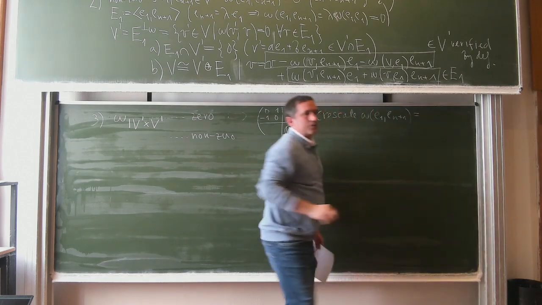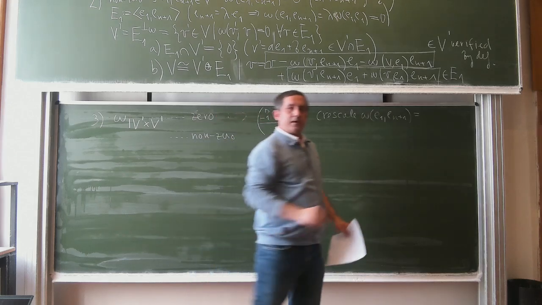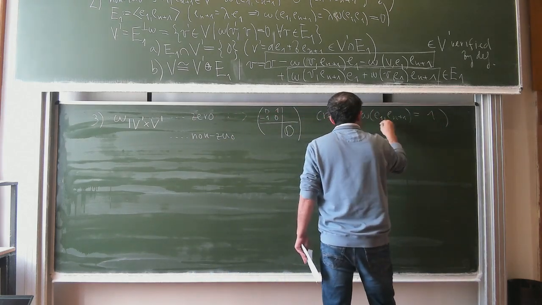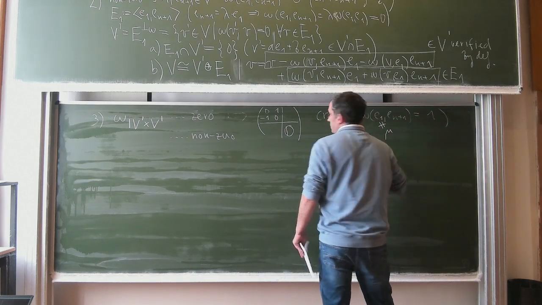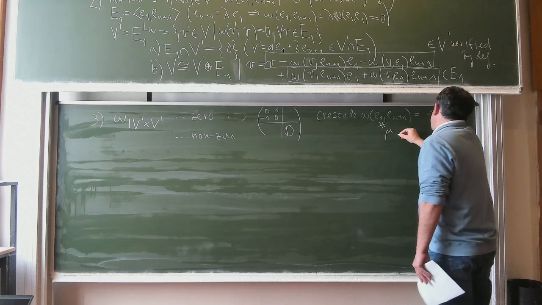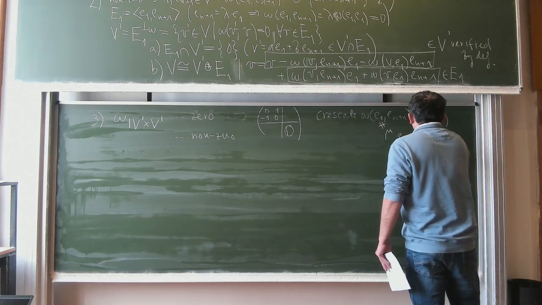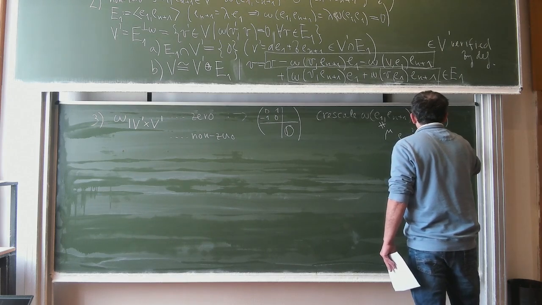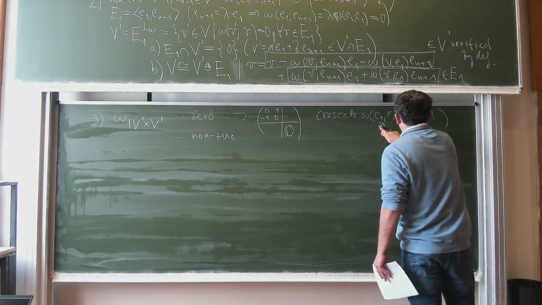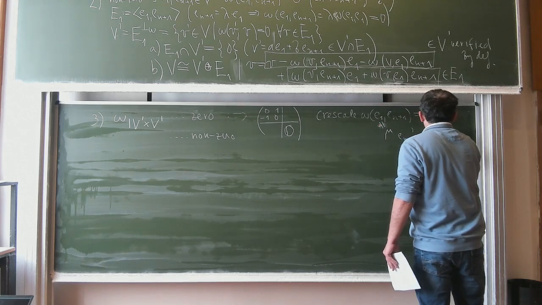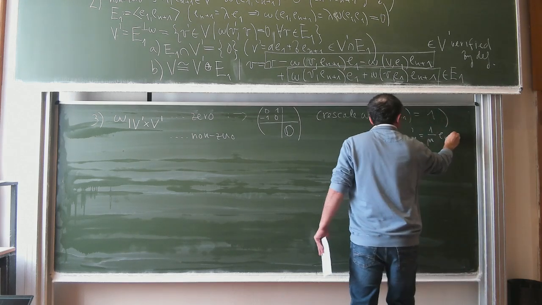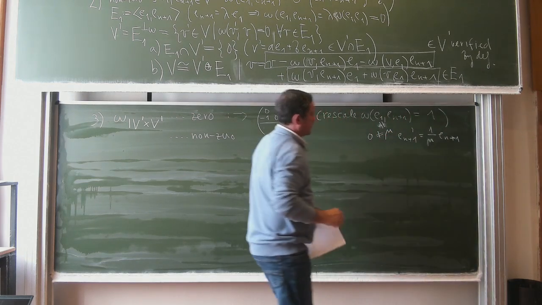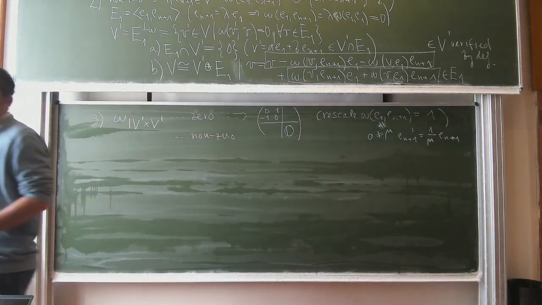No, I was wrong with the minus plus 1. This is non-zero, it is mu, and take E_{n+1} prime, meaning 1 over mu. So we can assume this situation already in point 2.